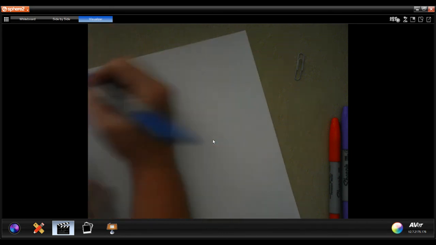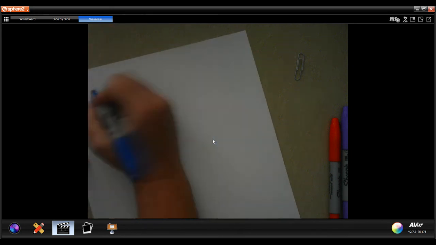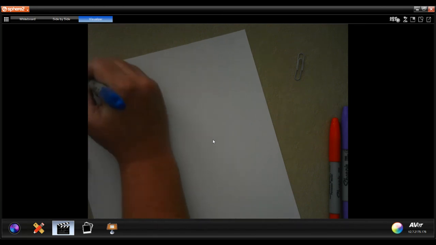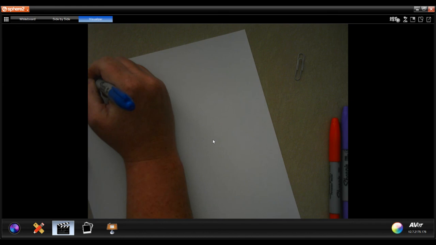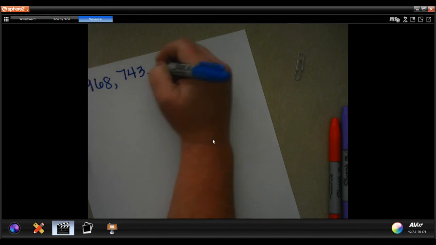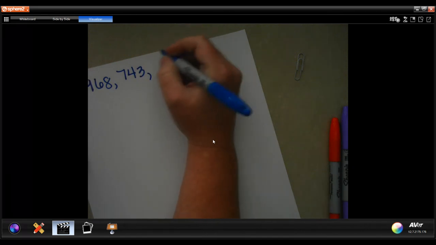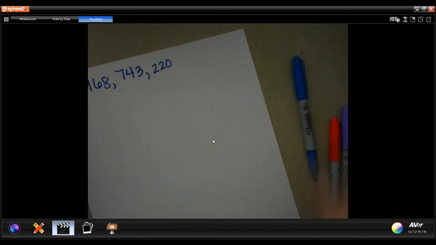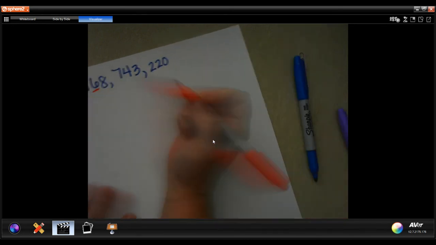It wants to know what is the value of this 6 in the number 968,743,000. Oh, sorry, 968,743,220. And it wants to know the value of the 6. Okay.